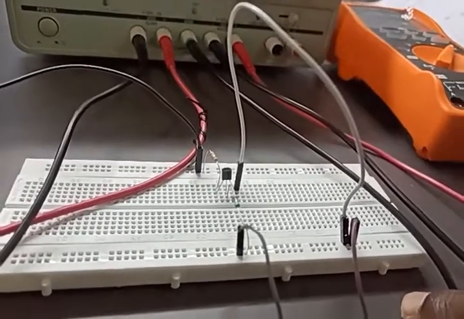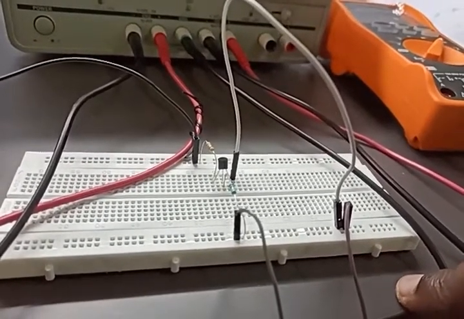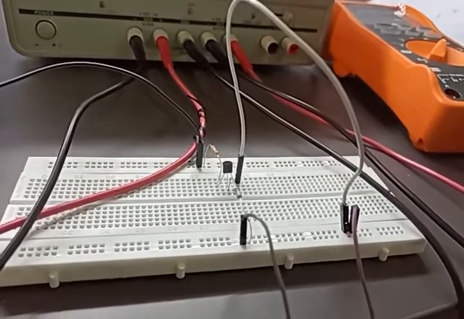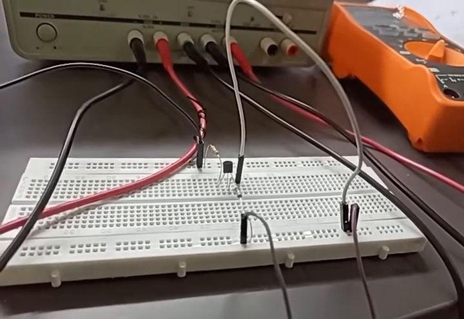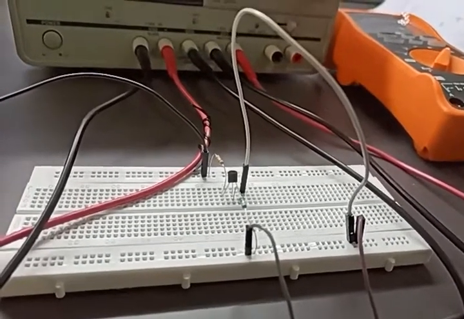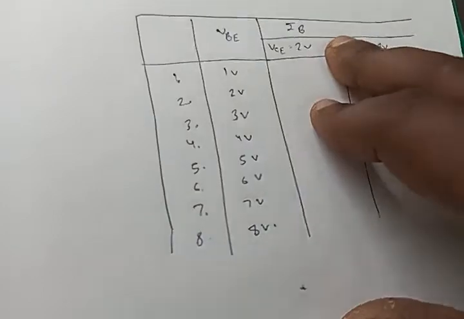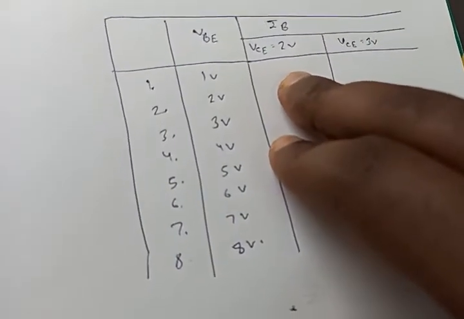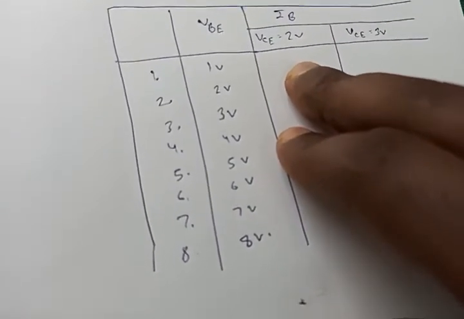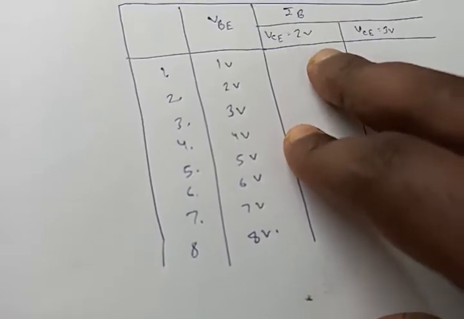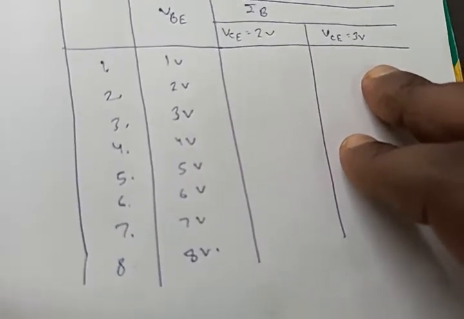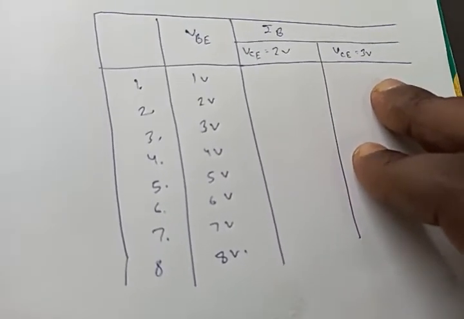To find the input characteristics of a transistor, we have to find the values of IB at some constant value of VCE, let's say equal to 2 volts or 3 volts.